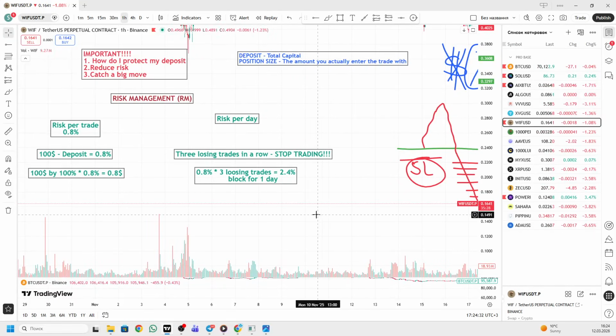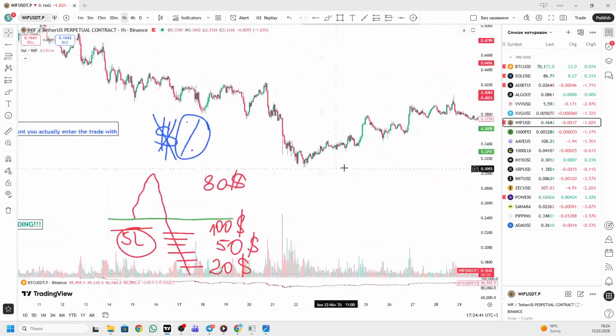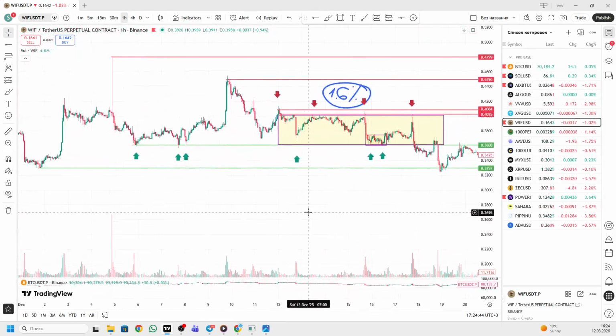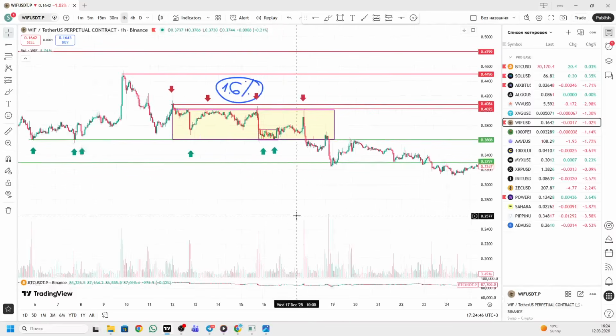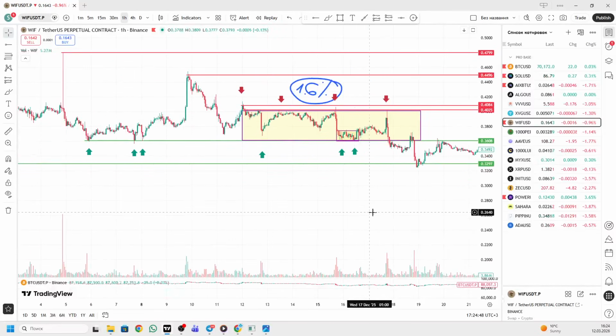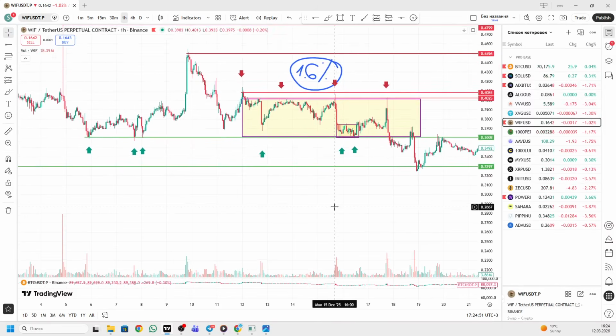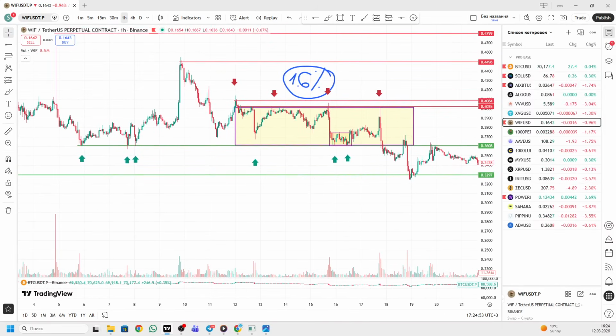Now that we understand risk management, let's go back to our chart. Let me find where we were, here. Okay. So, why was I talking about wicks and about 0.8%?